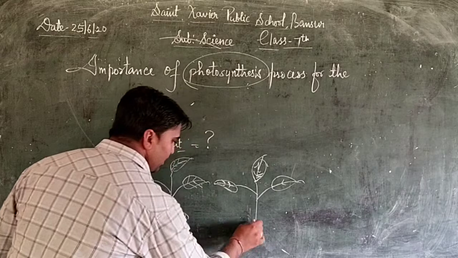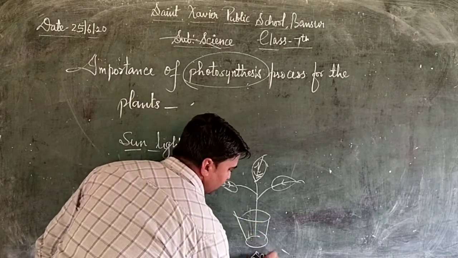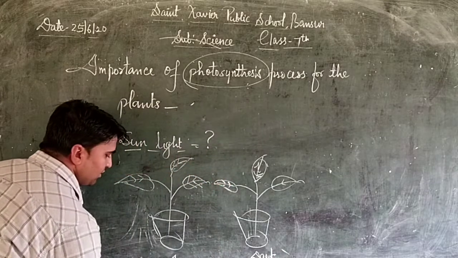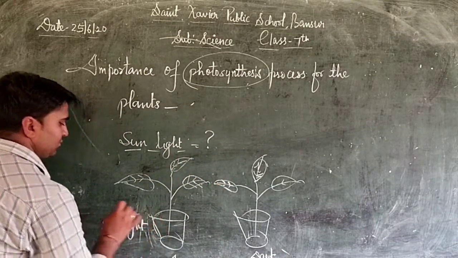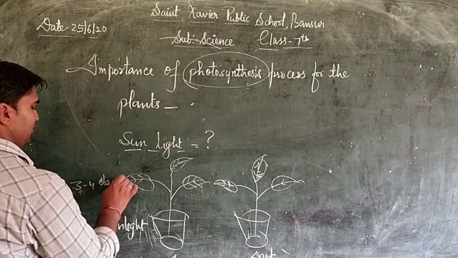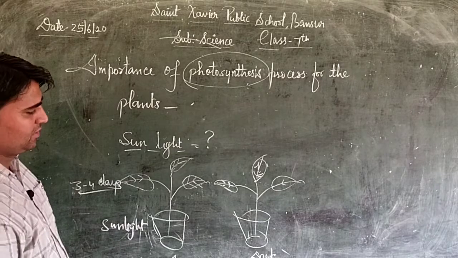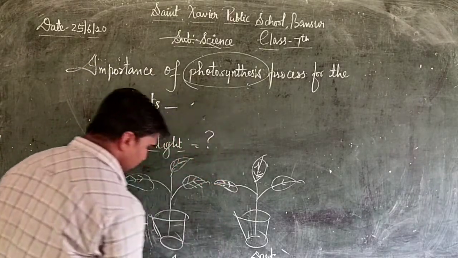This plant we have to keep in dark. And this plant we have to keep in sunlight for 3 or 4 days, or you can say for 1 or 2 days. So you will find this is plant B and this is plant A.